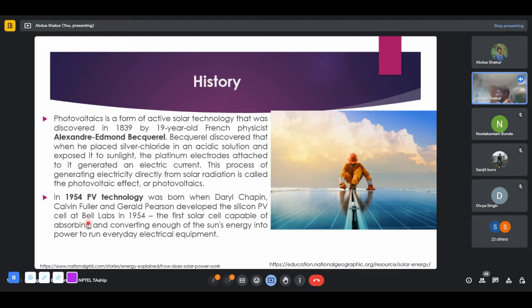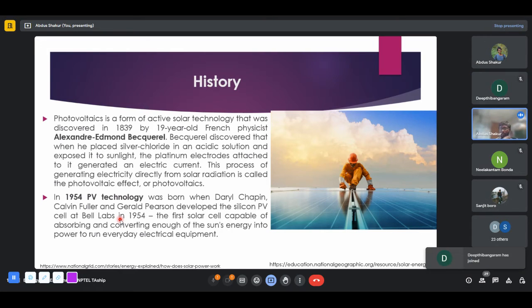So it's a relatively recent development, somewhere around 70 years old, compared to other forms of renewable energy.